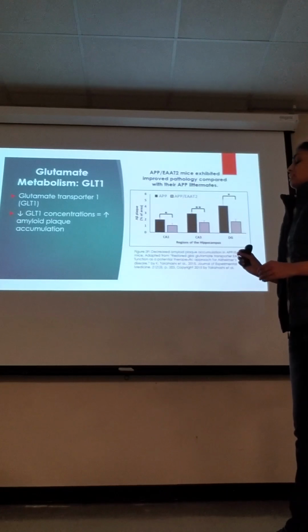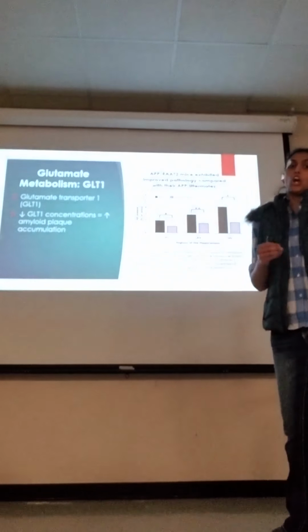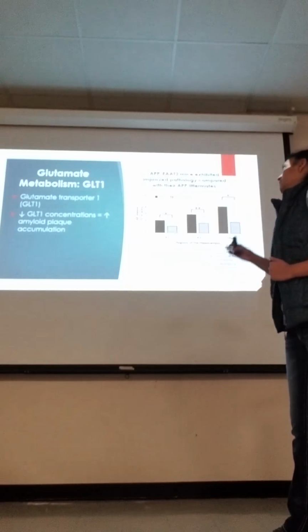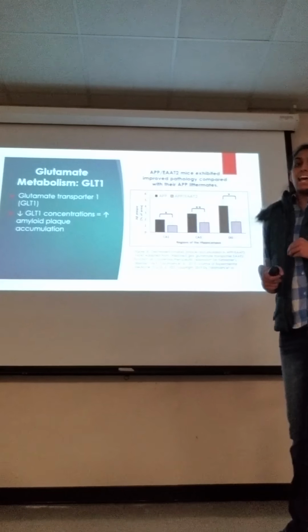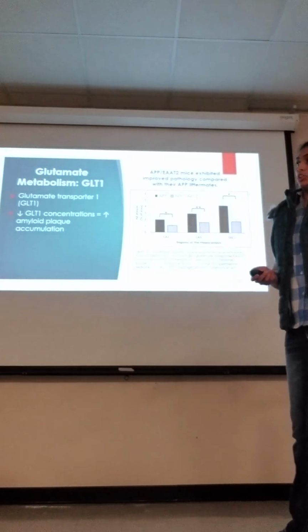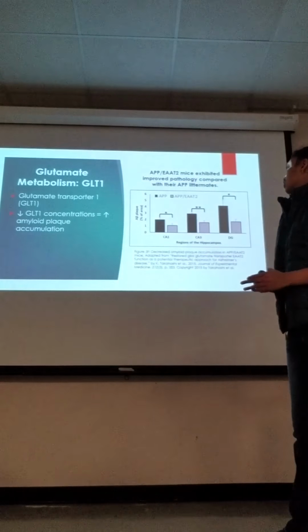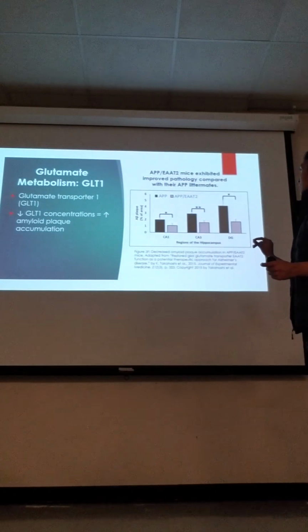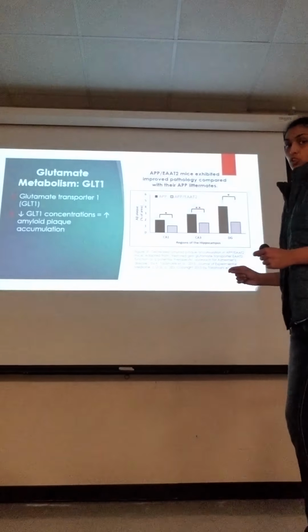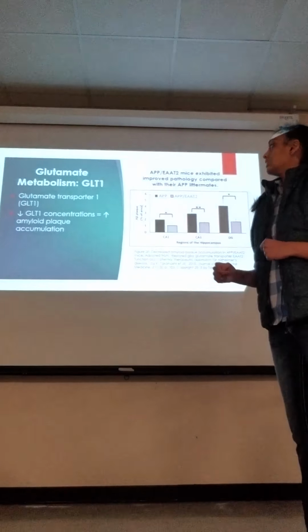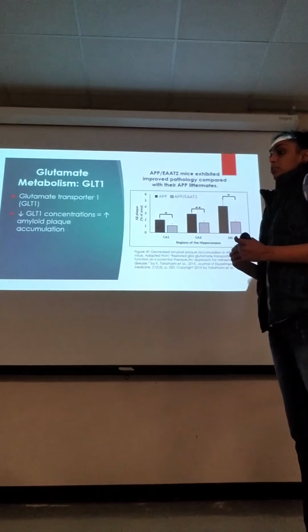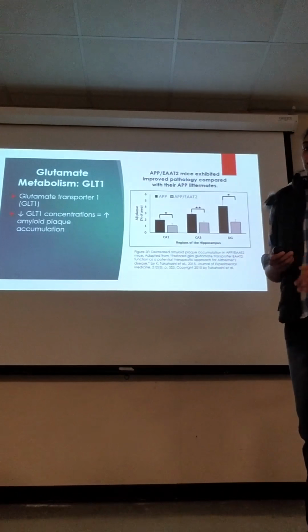The black bars represent AP mice, which are Alzheimer's disease mouse model, and the gray bar represents AP mice with overexpressed AAT2, also known as GLUT1. This figure shows that when there's overexpression of GLUT1 expression, there's decreased amyloid plaque accumulation in these regions of the hippocampus.